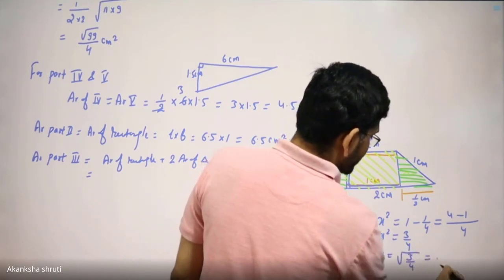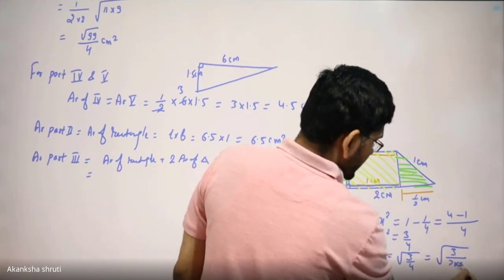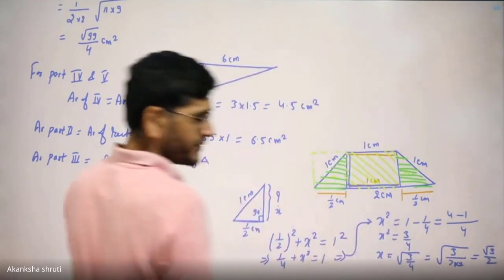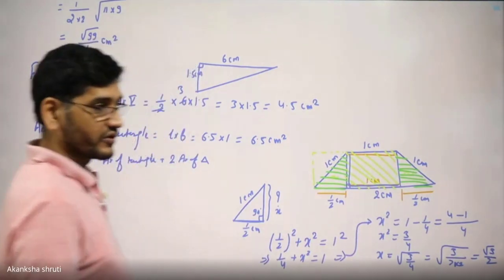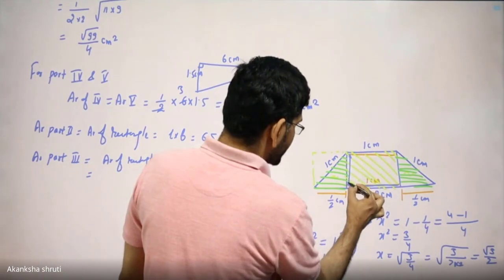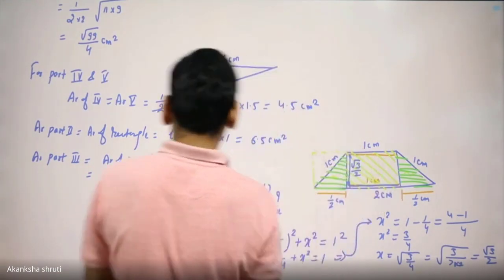Student, this 3/4 is like 3 divided by 2 into 2. So one of these 2 can be taken out, but 3 will remain inside. Okay. So x is our root 3/2. Okay, no? So this way, this length we need to calculate. It is very important. So it is our root 3/2.